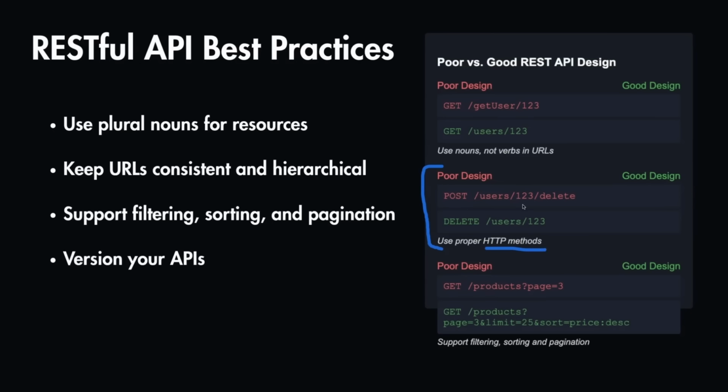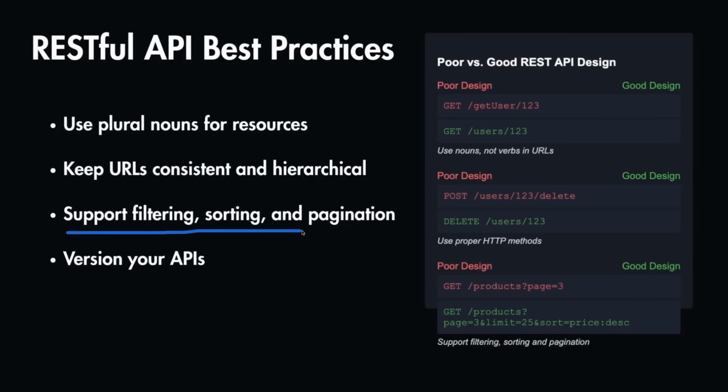For example, when making a request to delete users, we expect to make a request to users/ID of a user and not some post request to /users/ID. So first of all, the HTTP methods need to be properly set up, and also the URL. We don't expect some random things like /delete to delete a resource from the database.